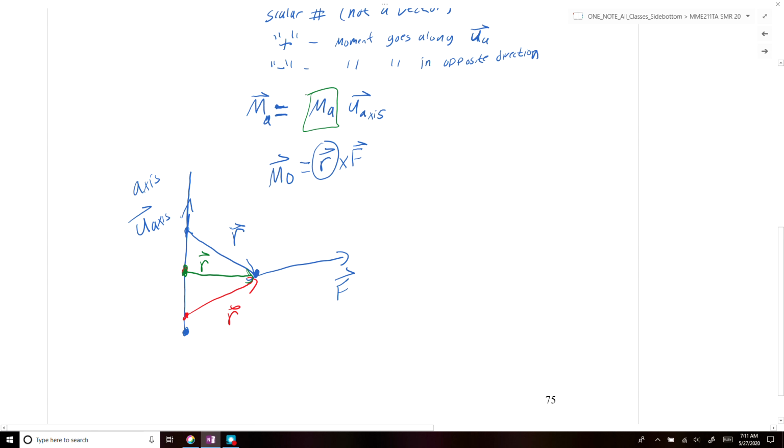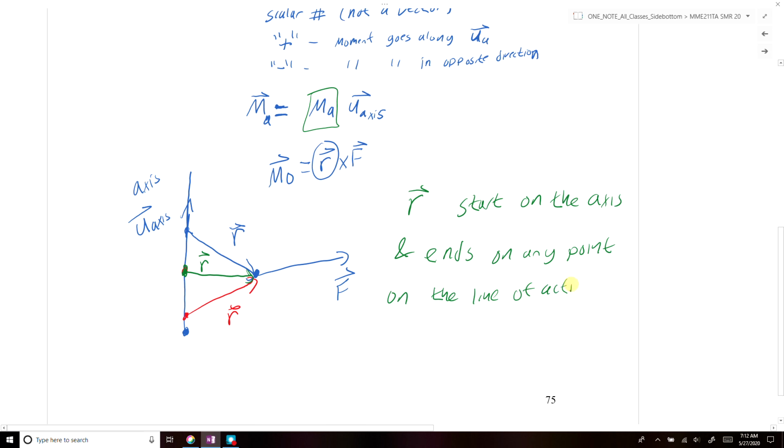Basically, as long as r starts on the axis and ends on any point on the line of action of the force, it is acceptable to use as your position vector.